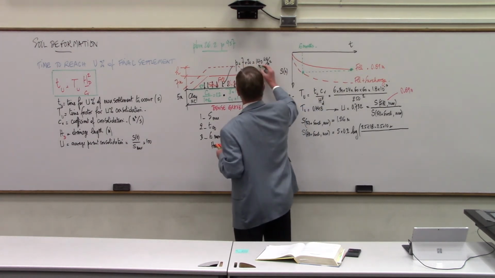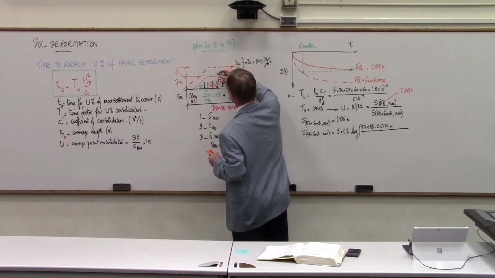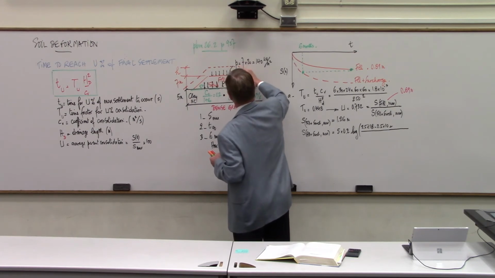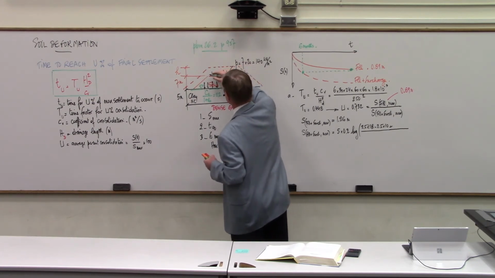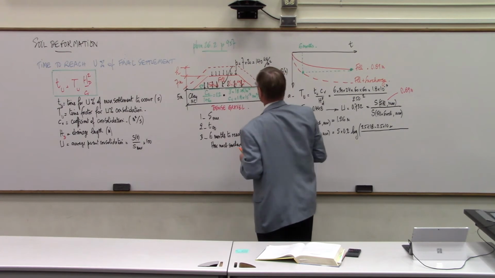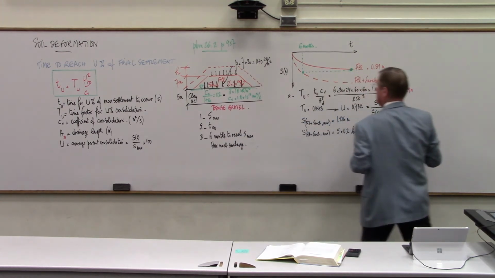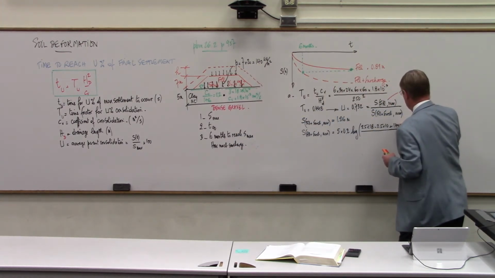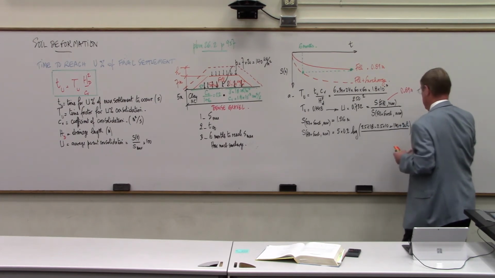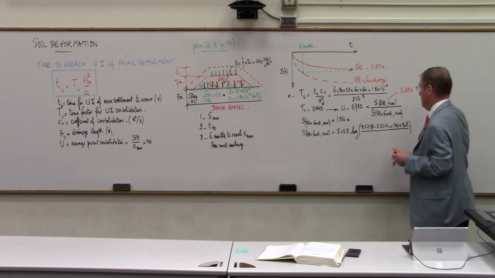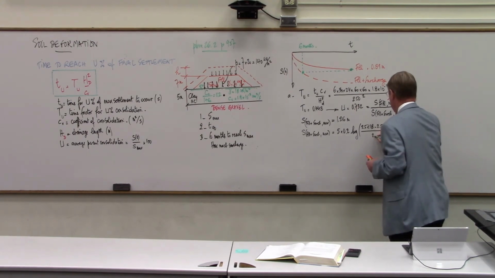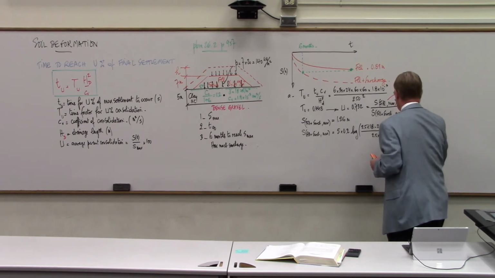We had P equals 140 here, and so plus surcharge, we're going to have an increase in pressure that's going to be equal to H times 20. So the total of the two is going to give me 140 plus 20H, divided by sigma prime 0V, 2.5 times 18 minus 2.5 times 10.